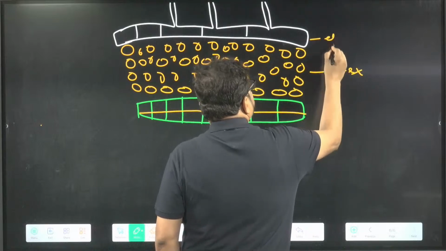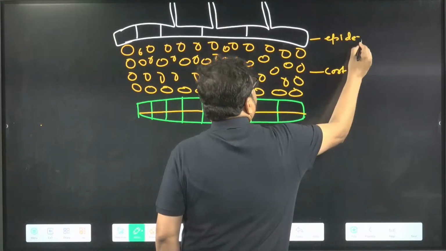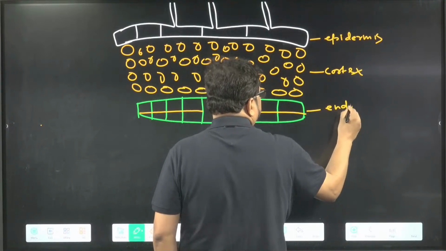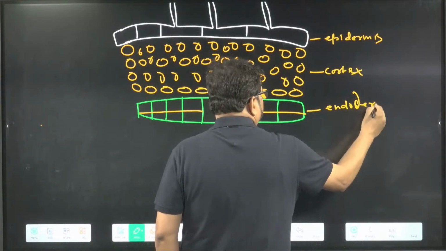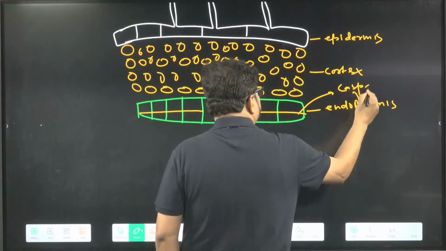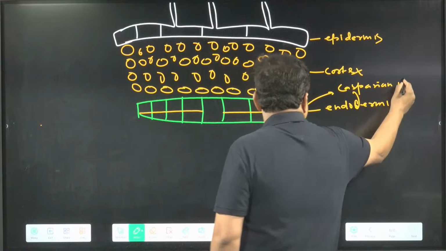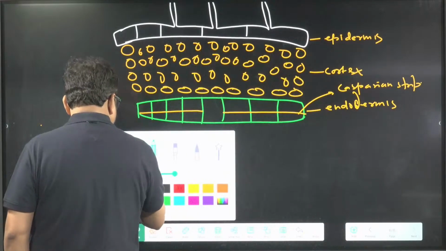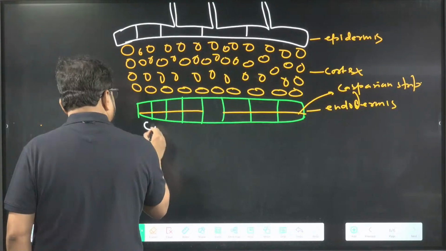So this is the cortex, this is the epidermis, and here it is the endodermis, with the Casparian strips. Now below that, there is the pericycle layer.